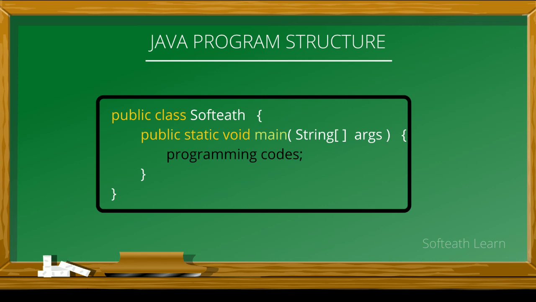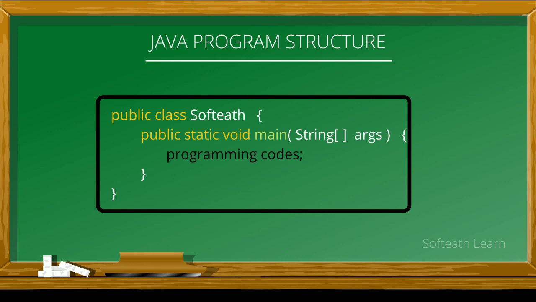When we create our first program, we will see it looks exactly like this. Note that the class name is named according to the Pascal case convention. That is, the first letter is a capital letter. Now have a look at the main method over here. It is named according to the camel case convention. The first letter is a small letter.